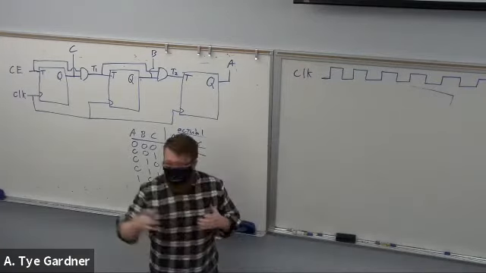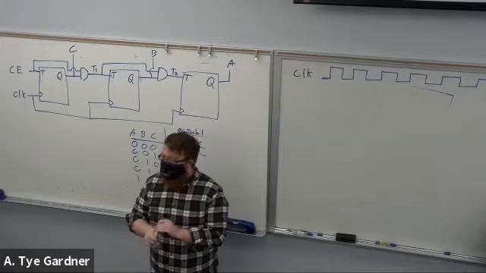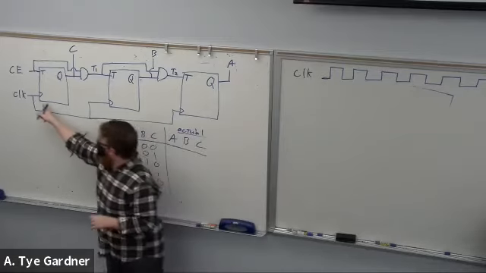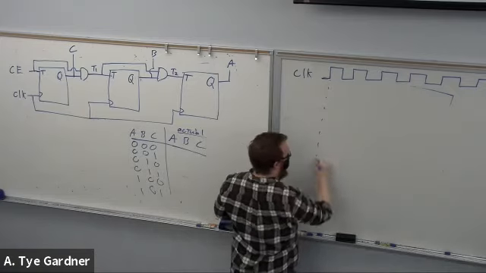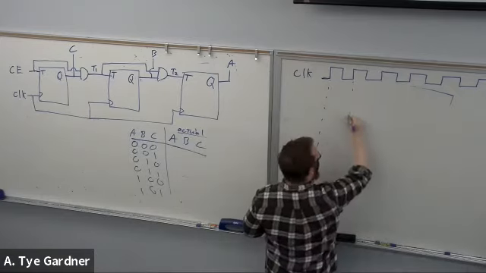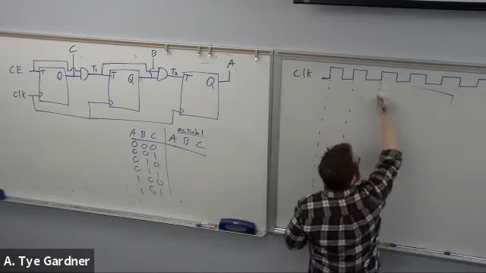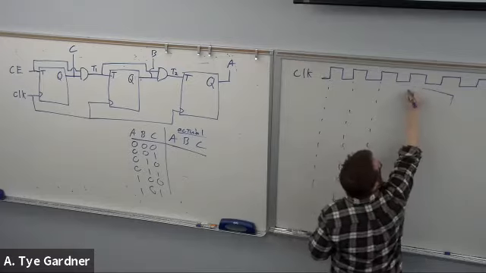And then we know that events are only going to be triggered on the rising edge because there's no inversion bubble, so just rising edges. So I'm going to add some dashed lines coming down from this at each rising edge because those are my points of interest.